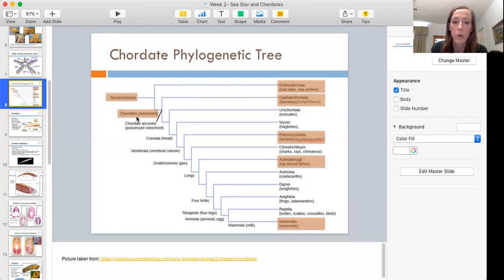Okay, so for the Chordates, we have several different organisms that we're going to look at. One is the Lancelet or the Amphioxus. It's a very old lineage in the Chordate phylum. We're also going to look at a Lamprey. We have the adult Lamprey in lab for you guys to look at, but you will not be dissecting that.